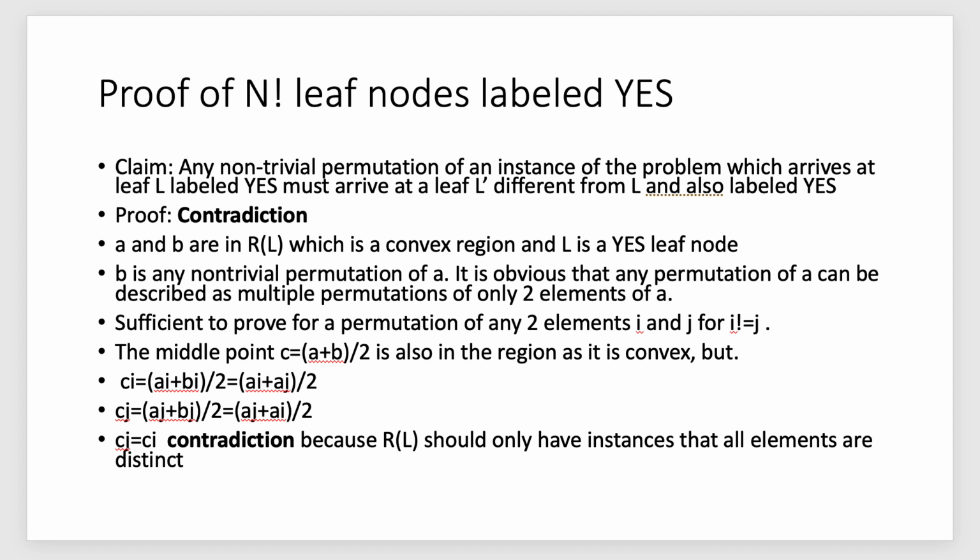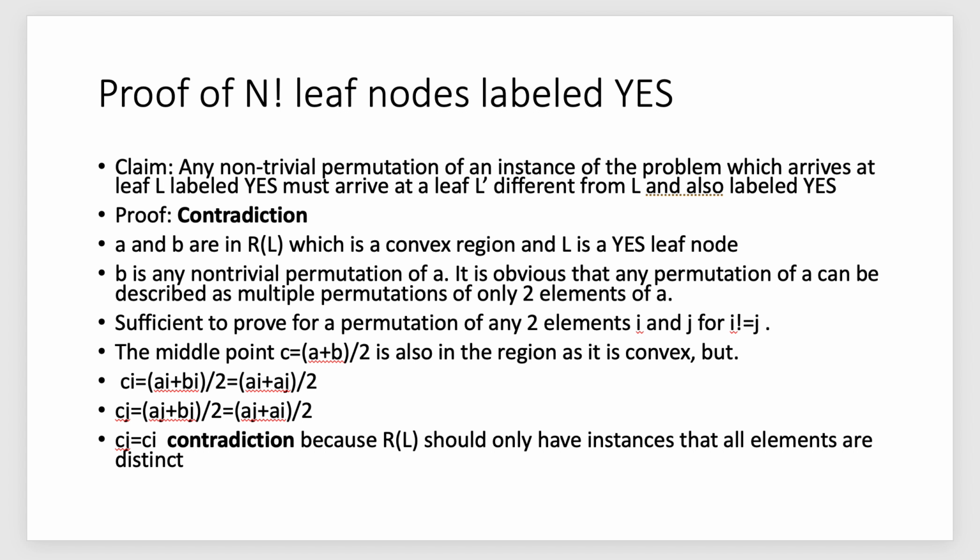The claim is: any non-trivial permutation of an instance of the problem which arrives at leaf L labeled yes must arrive at a leaf L', which is different from the leaf L, but also labeled yes.